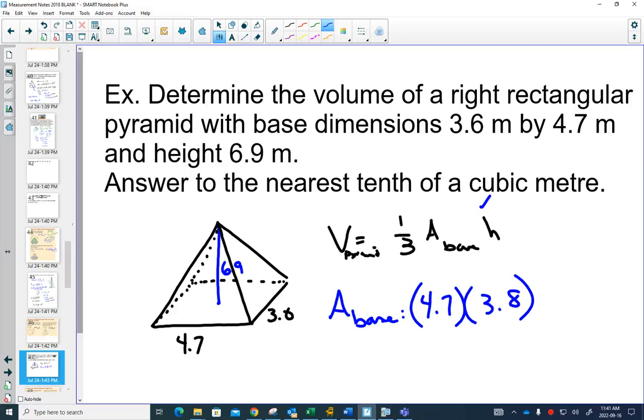3.6. Oh, do you ever do this? Do you ever get a little bit messy in your writing and numbers morph? Like this was supposed to be a 6, but can you see how I thought it might be an 8? Man, you got to be careful. Thank you for noticing. 3.6.